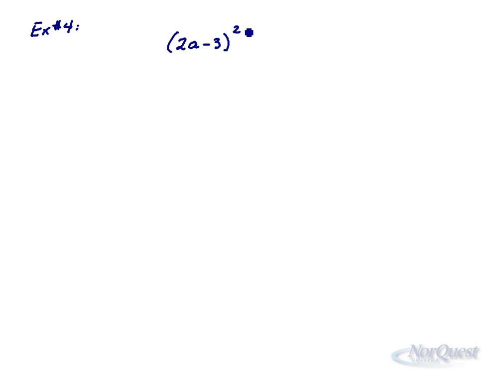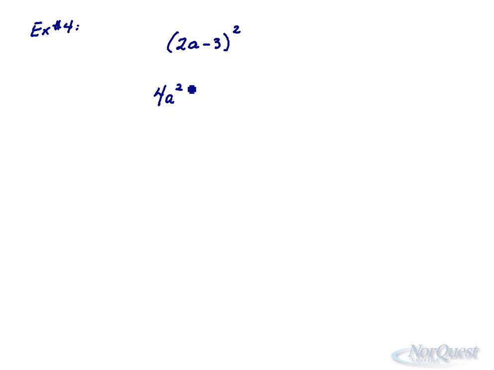is to square the first term, meaning 2a times 2a will give you 4a squared. You can get the middle term by multiplying those two numbers together and then doubling it after.